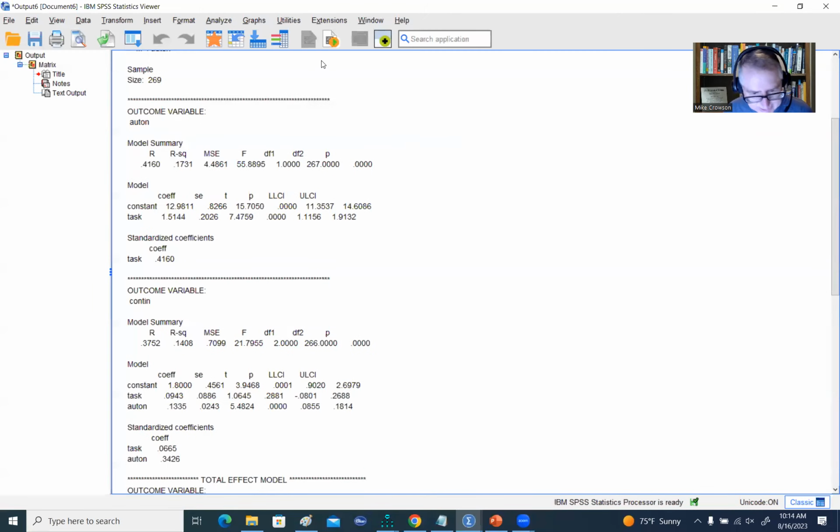Looking at our results, you can see that we get a model summary up here. This is the first linear regression. This is a regression of the mediator in our model onto our antecedent variable. That is basically the autonomous motivation being regressed onto task orientation. So in this particular case, you can see that there's our R-square value right there, 0.1731.